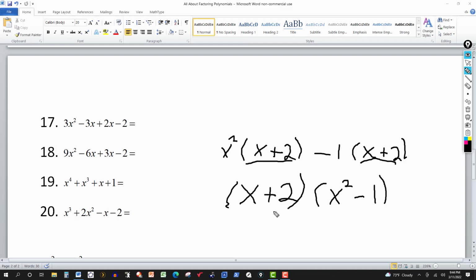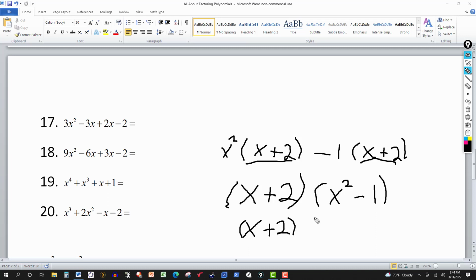Okay, that's a product, so that's factored out, but is it completely factored out? It's always implied when you have a problem that tells you to factor. Sometimes they'll specify factor completely. So you keep going until you can't factor anymore. Well, x squared minus 1, you know it's a difference of squares. So we bring down the x plus 2.